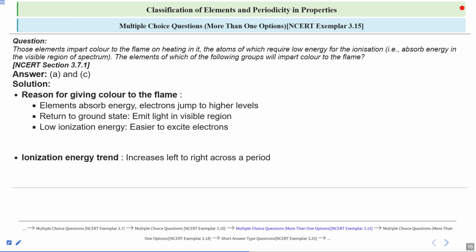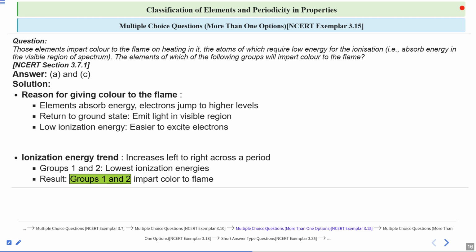Now, if this is true, then for group 1 and 2 both we can say that they are able to release electrons very easily because they fall in the first 2 columns, the first 2 groups of the periodic table. Hence, they will impart color to the flame. So that is the reason, right? So 3 things are there.